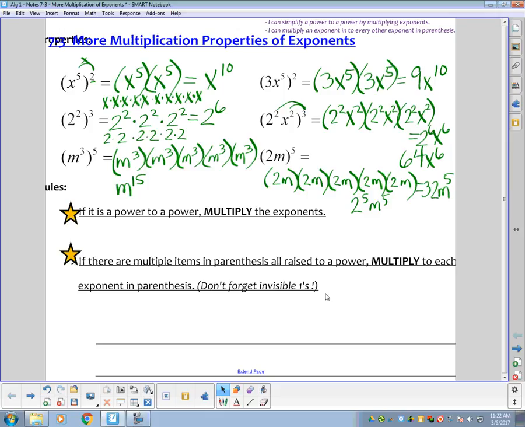So here's the shortcut. 3 times 2 gives us 6 on the 2, and 3 times 2 gives us 6 on the x. I don't expect you to write it out like this every time. That was in order for you guys to see why the rule works.